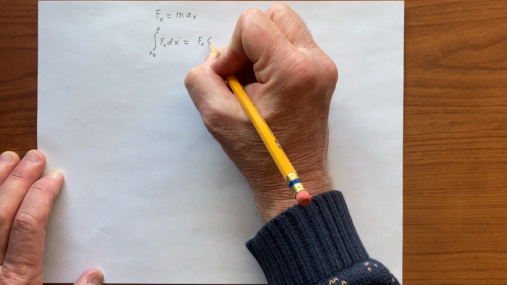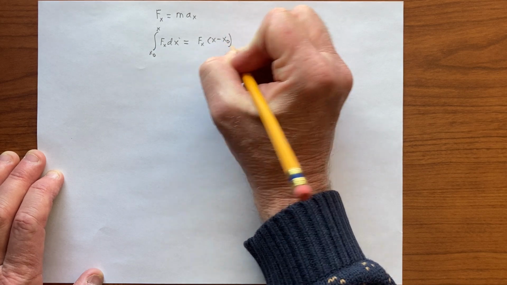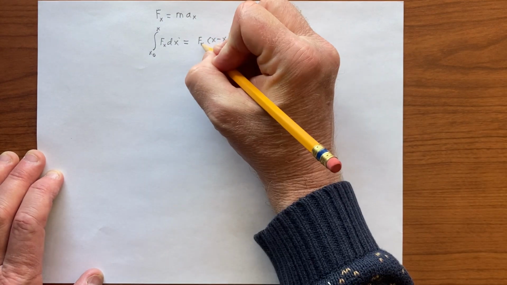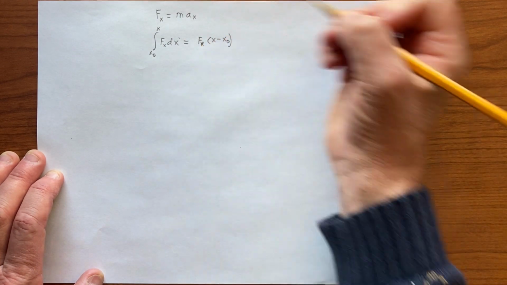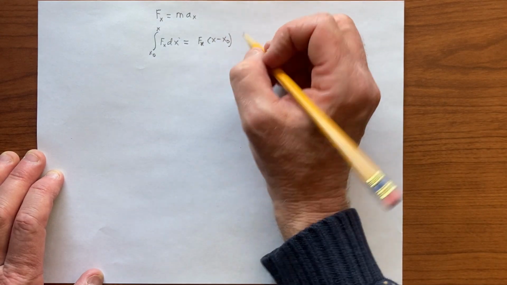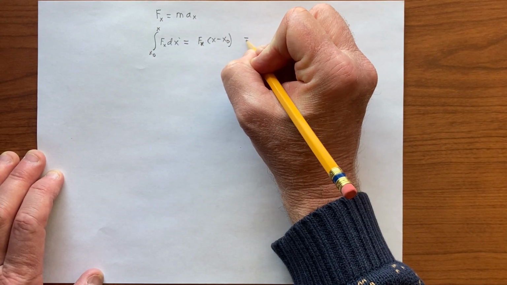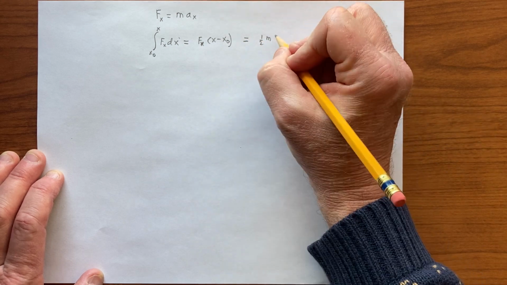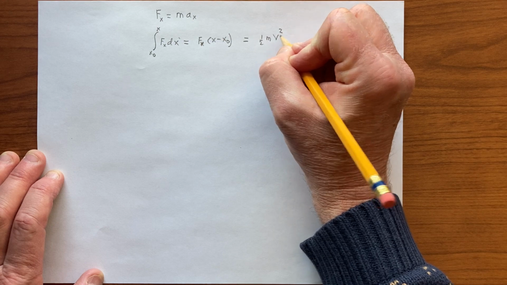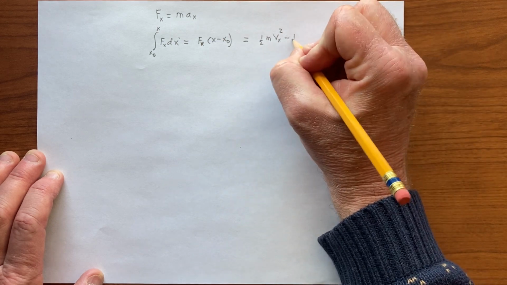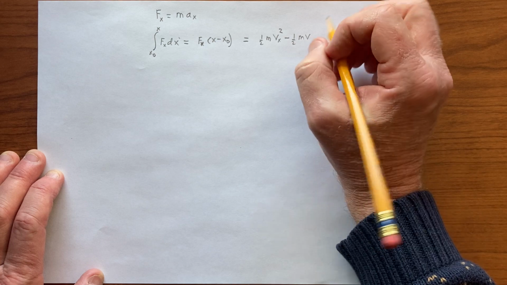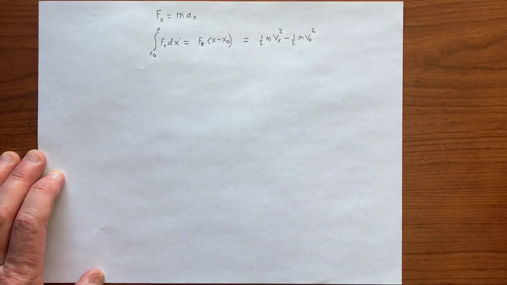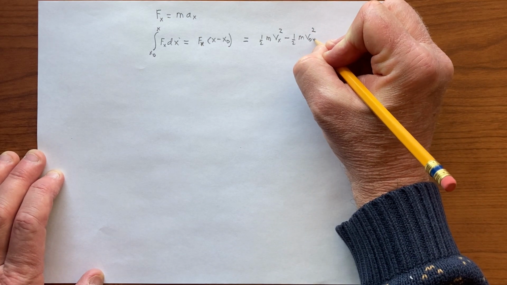So this becomes x minus x naught as the work that is done by this force in the x direction. And it must be true by W equals delta K that this is 1/2 m vx final squared minus 1/2 m vx initial, or just v naught x squared. So let's just leave it as v naught x.